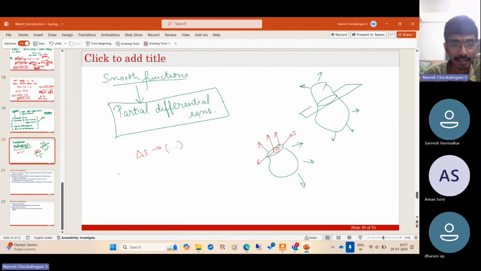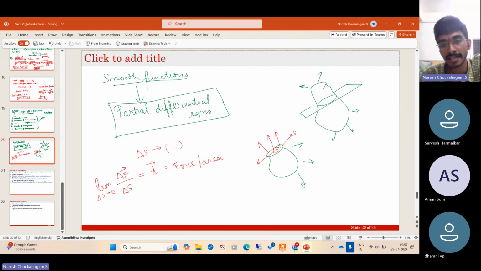So you get the limit of delta F by delta S as delta S tends to 0, with the understanding that it is the smallest volume you can get in the continuum. Force is a vector. This is equal to the traction vector. So the traction vector at a point is the force intensity at that point, something like force per unit area.